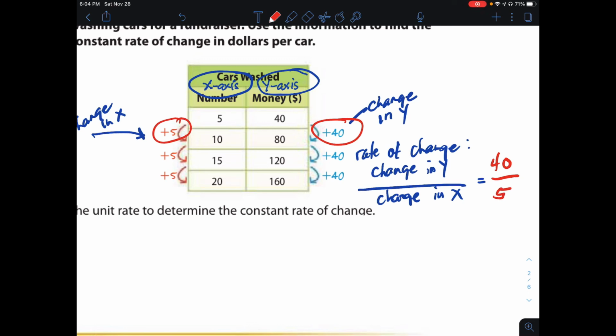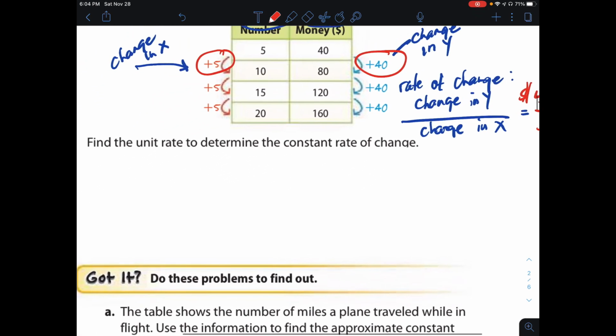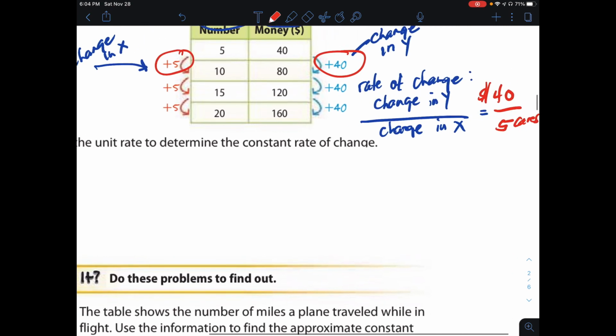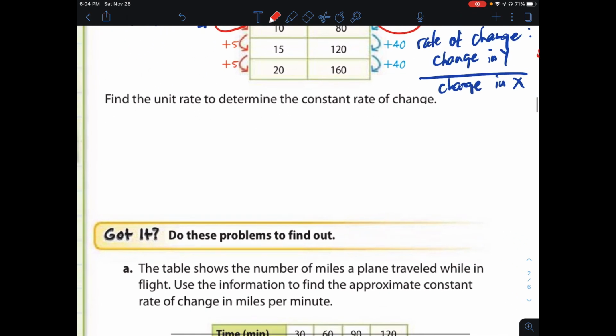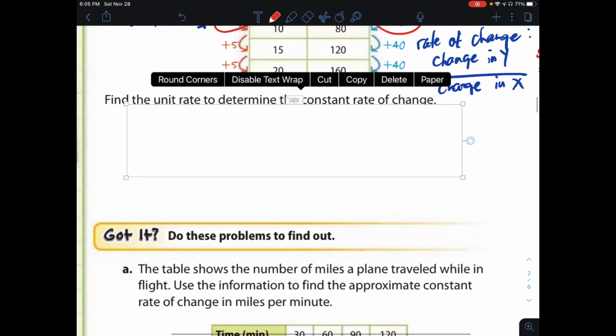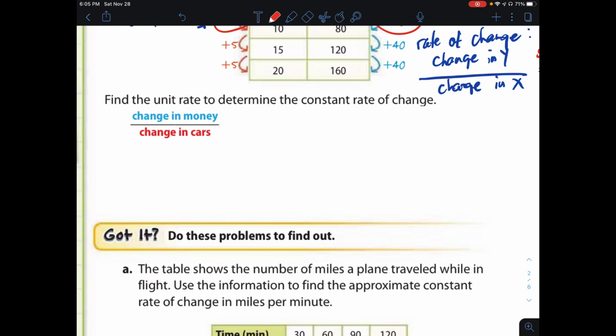So $40 and 5 cars. Okay, this makes it easier for us to find the unit rate. Knowing that our change in y over change in x is $40 over 5 cars, we can now find our unit rate, which is change in money, our change in y.